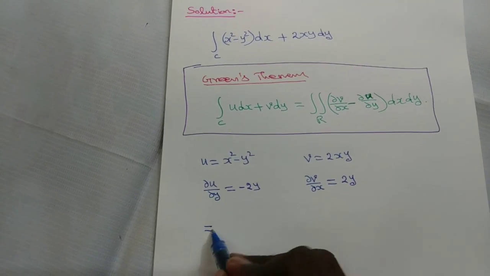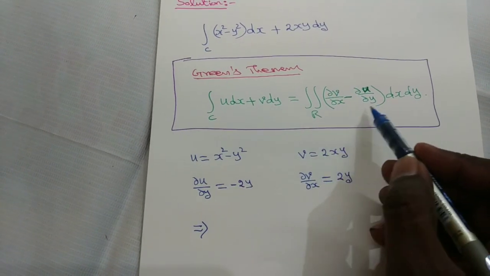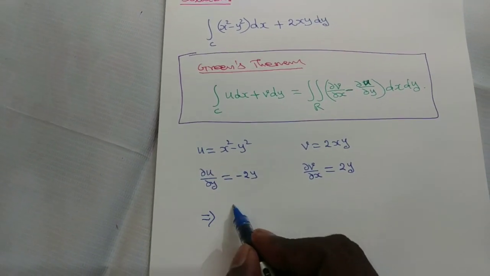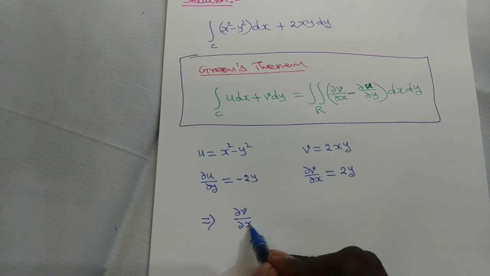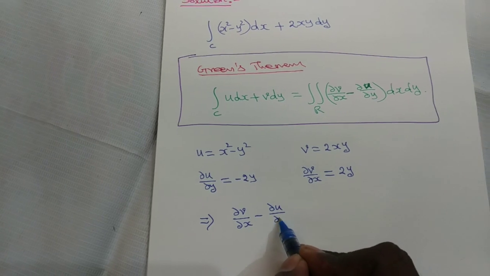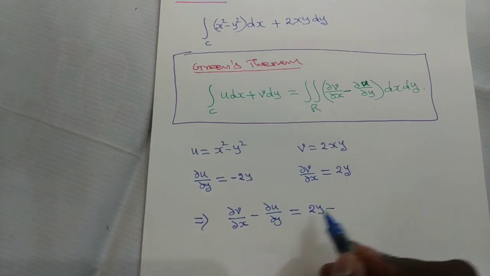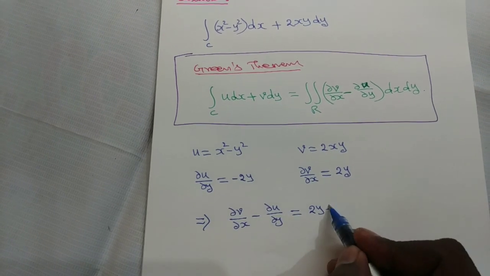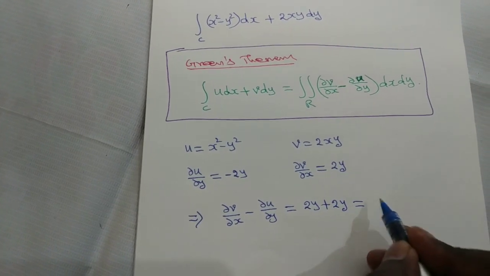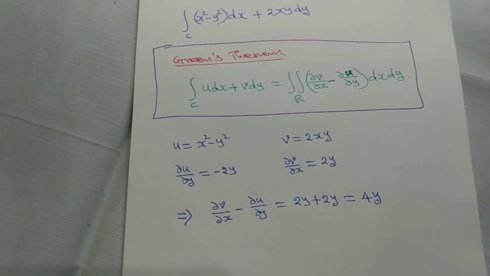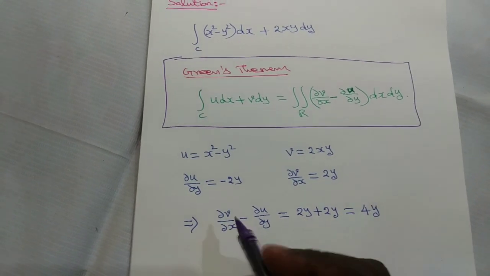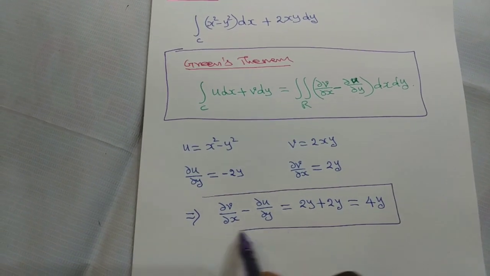So for the RHS we want ∂v/∂x − ∂u/∂y, which is 2y minus (−2y), minus of minus is plus, so 2y + 2y, which is equal to 4y. We can use this later for the RHS.